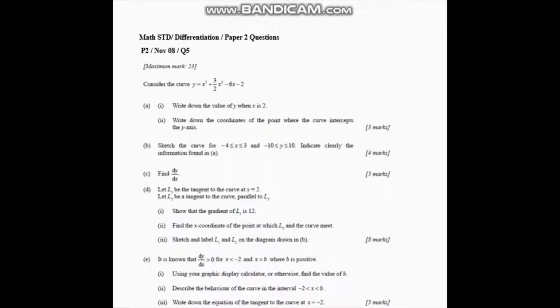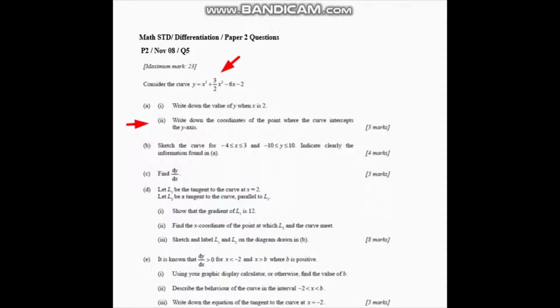AII requires that we write down the coordinates of the point where the curve intercepts the y-axis. You can do this either on the GDC or manually. You should know that the y-axis is where x equals 0. So I just need to either use the GDC or substitute x with 0 in this equation.